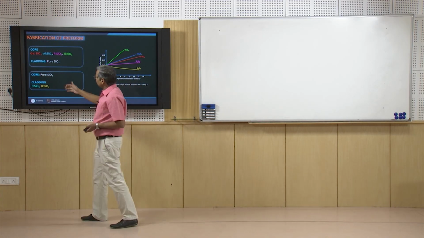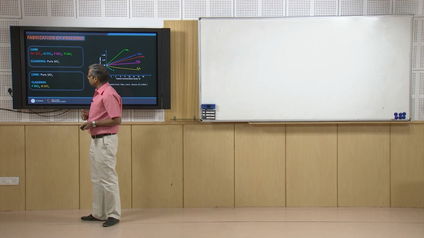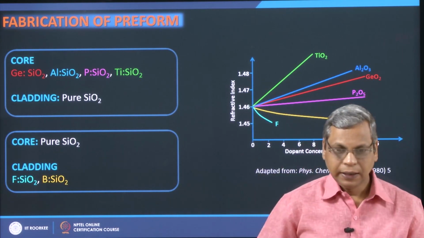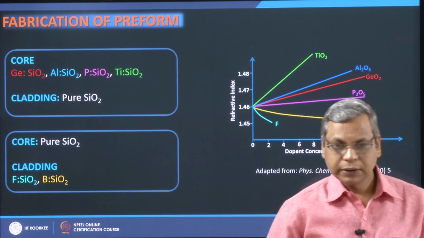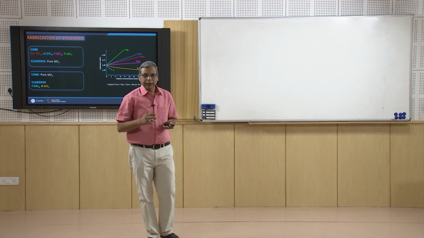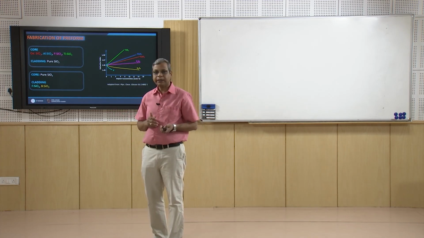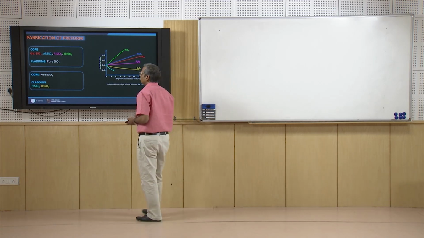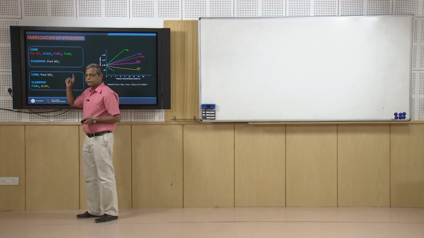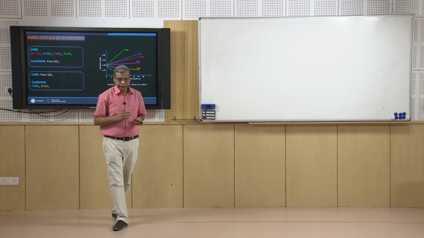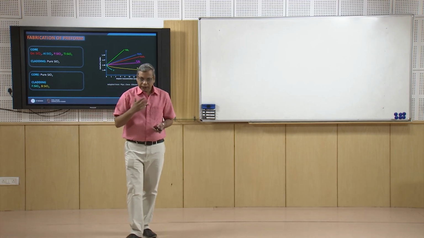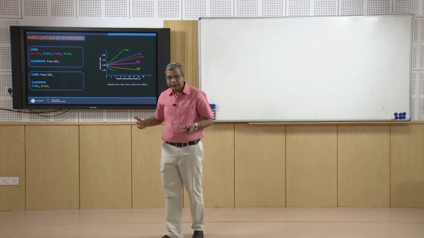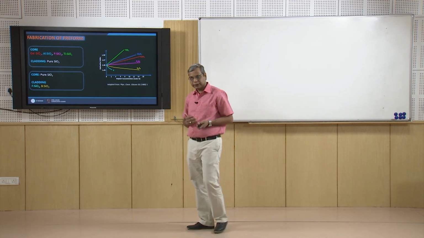However, this kind of fiber where you have pure silica core and fluorine doped cladding, it is used in an environment where there are nuclear or ionizing radiations, because there germanium does not work, because germanium develops some color centers and then optical radiation is absorbed by those color centers.